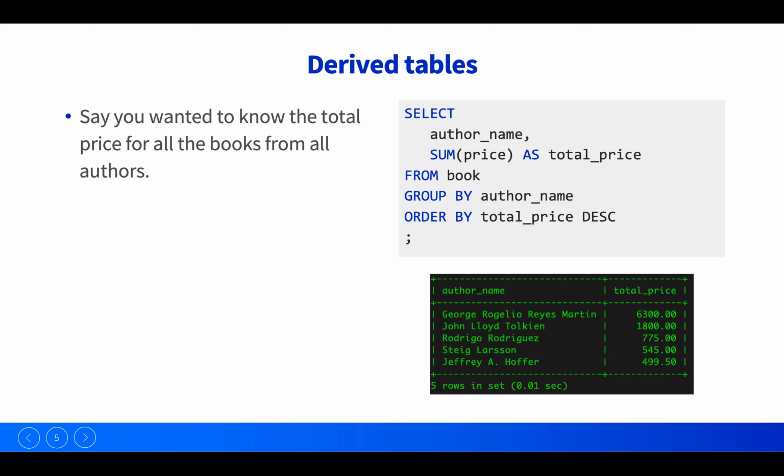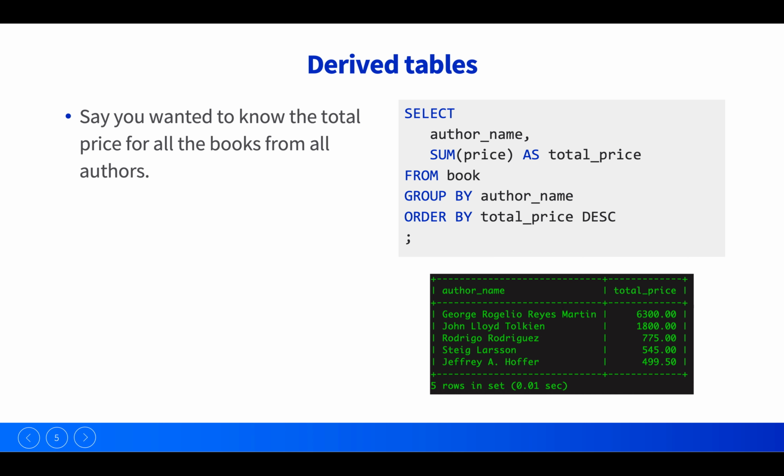So we're grouping the book table by author name, and we are summing up the prices based on those groupings. And if we execute that piece of code, we will see the following result set. We have an author name as well as a total price column, and the values are, for example, G.R.R. Martin, which has a total price of 6,300 pesos for all of his books, followed by Tolkien, which is 1.8K, and so on and so forth.